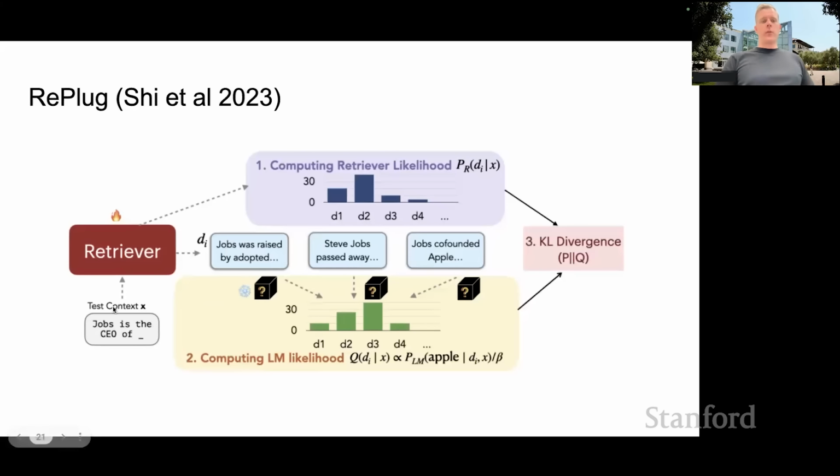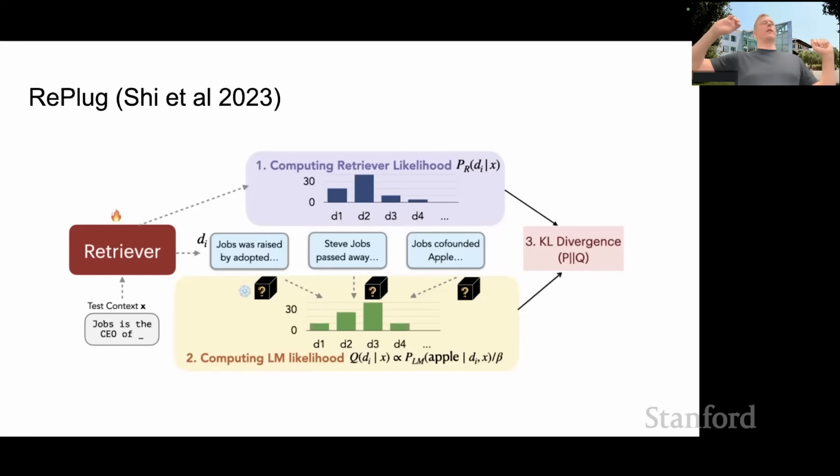Just to explain what this looks like. You have this context, you have a retriever that we do the standard retrieval step with. This is a dense retriever. And now you compute the likelihood. So basically just normalize the scores that you get for the top K documents to get a distribution here. Then you give each one of the retrieved documents separately to your language model.